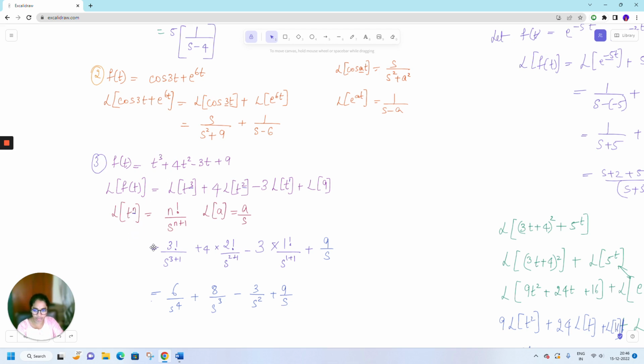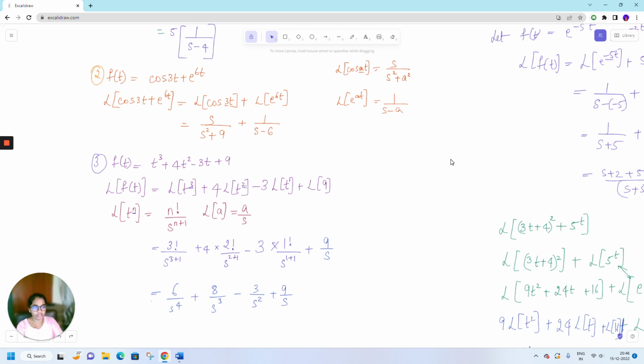Laplace of t power n is n factorial divided by s to the power n plus 1. So in the place of n, I have 3. That would be 3 factorial divided by s to the power 3 plus 1, plus 4. 4 is a constant. I'll keep 4 as it is and apply Laplace only for t square. And as you can see, this is what I've got.